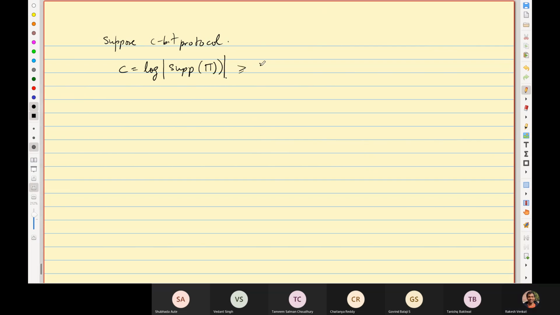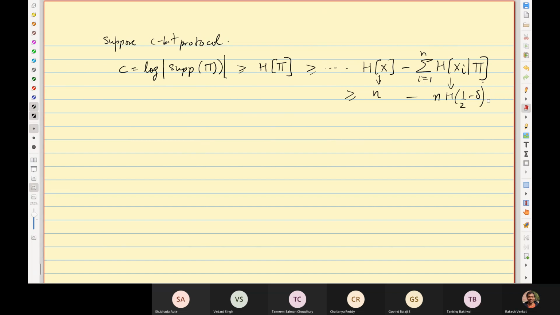And this is greater than h of pi, which is greater than or equal to, and somehow we are able to transfer this into terms that involve the prediction of every xi given pi, which is exactly our indexing function prediction as needed. And this we showed was n times h of half minus delta.